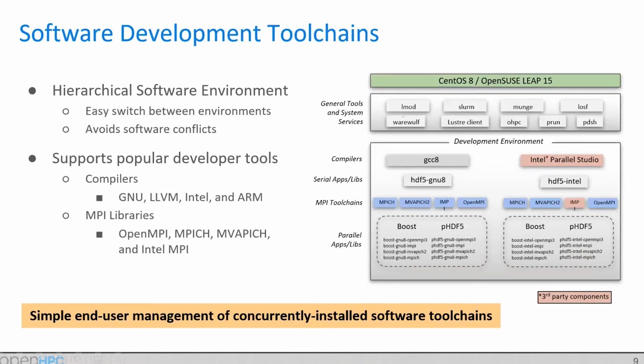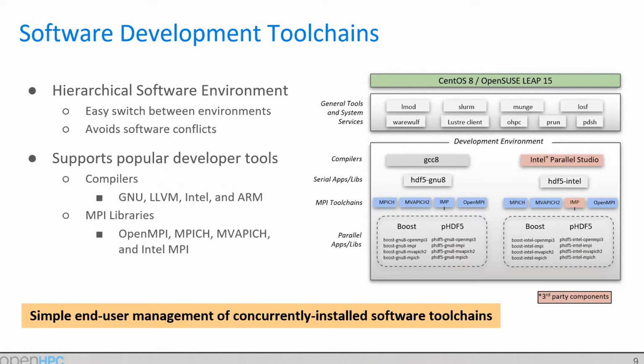It is configured to readily support multiple concurrently installed software tool chains. So you can have several tool chains. And when we talk about tool chains, we're talking compilers, MPI libraries, performance libraries, as well as libraries specific to individual applications.